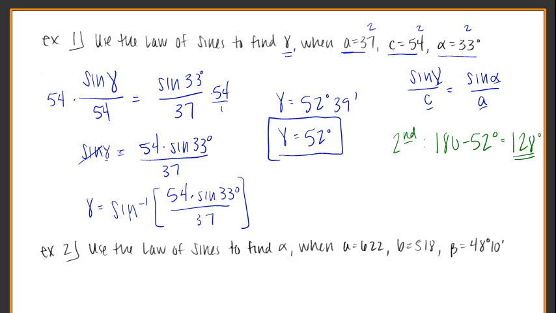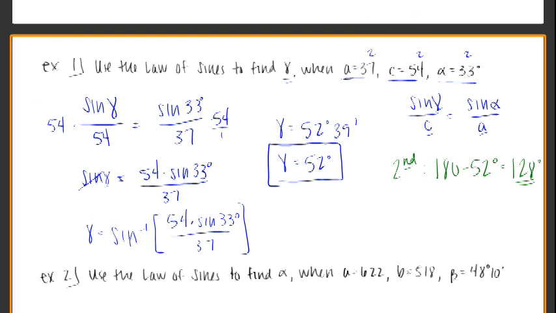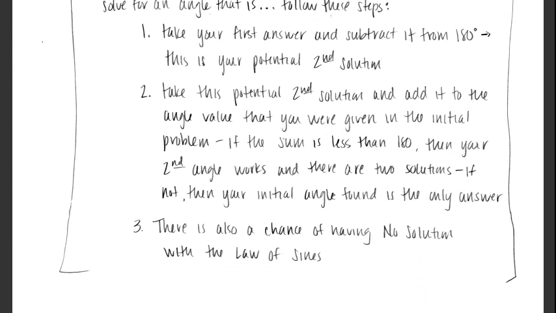Let me go back up to your notes real quick so you can see the steps I'm doing. Take our first answer, which was 52 degrees, and subtract it from 180. We did that, and this is our potential second solution, so this is where we got the 128.